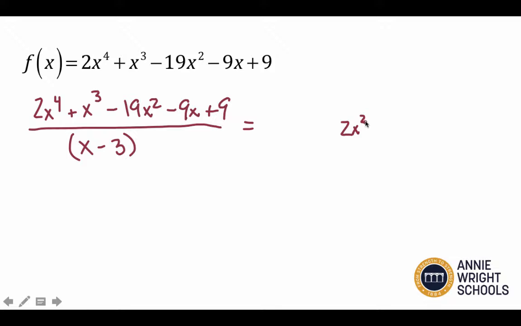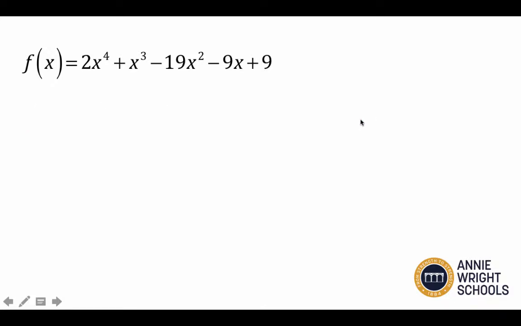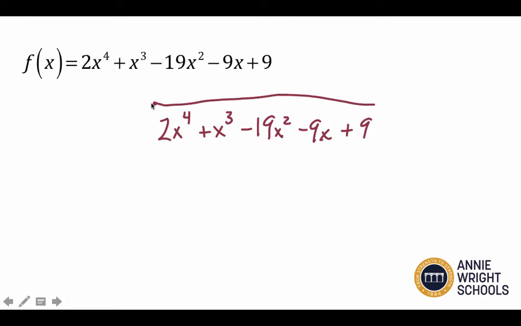Here, let's just clear this off. So we start with 2x to the 4th plus x cubed minus 19x squared minus 9x plus 9, and we divide that by x plus 3.